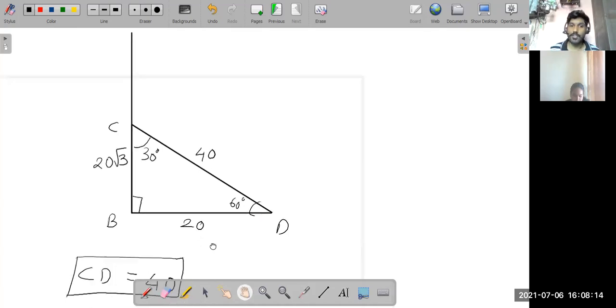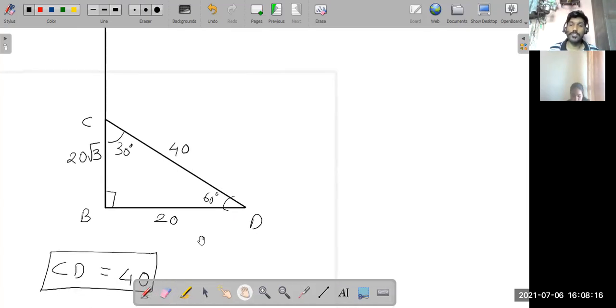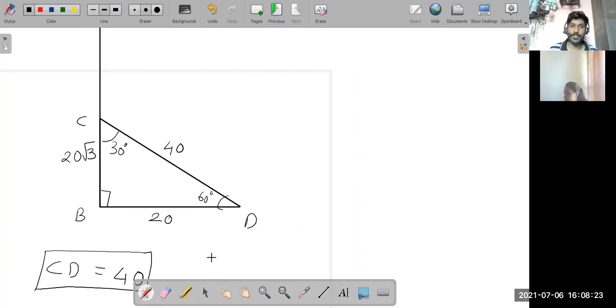The question asks you to find the total height of the tree.